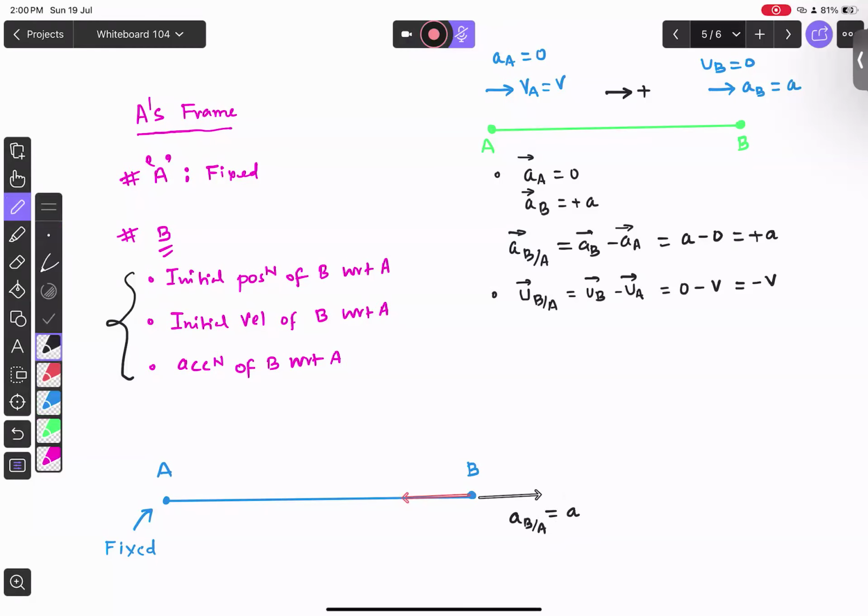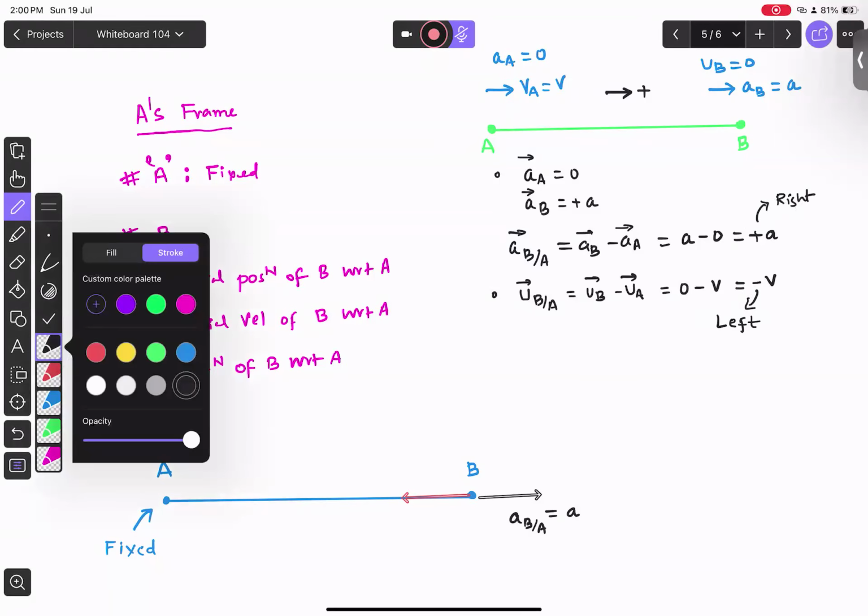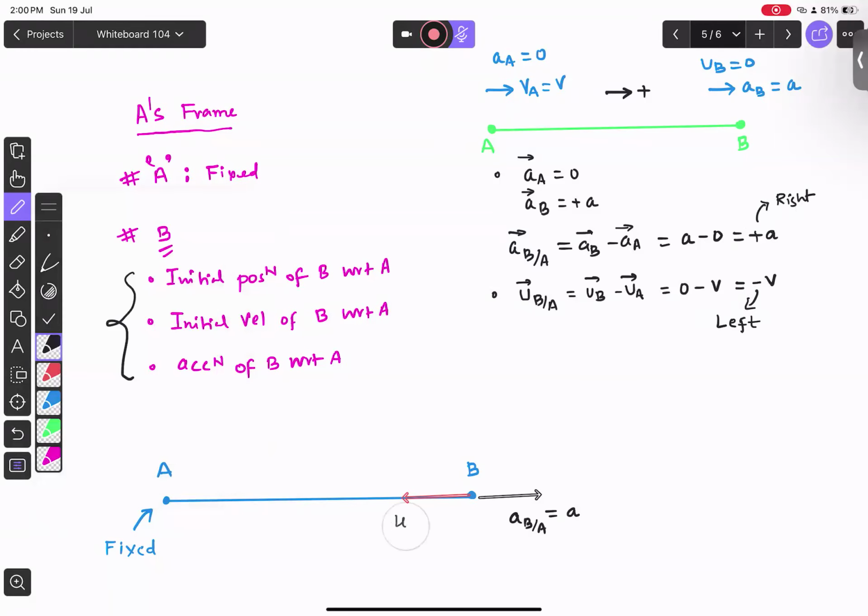So what does minus really tell us? Minus tells us the velocity of B with respect to A is leftward. What does plus tell us? It is rightward, no? So B is starting to move with velocity v in the leftward direction.